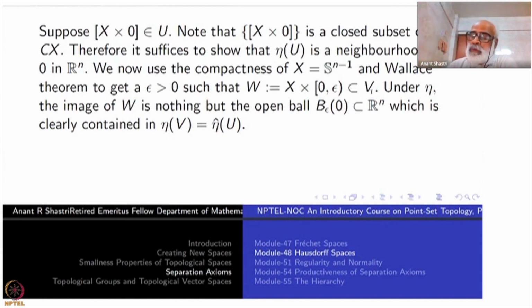See, you have x is Sn minus 1, which is compact, cross 0 to infinity you have. Okay, so this is your y, and then use Valle's theorem.